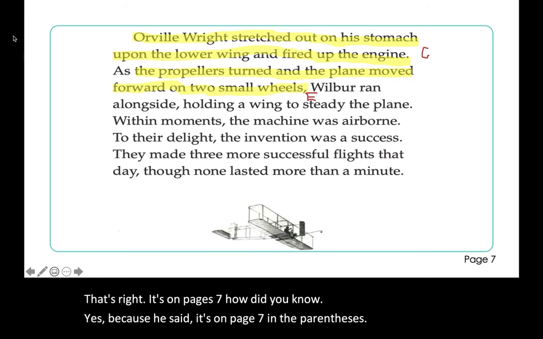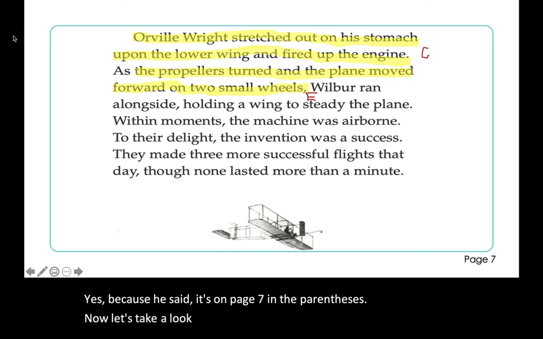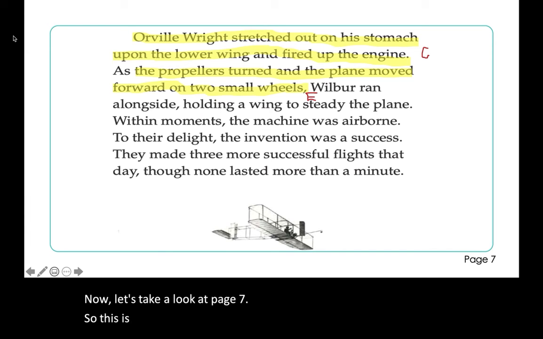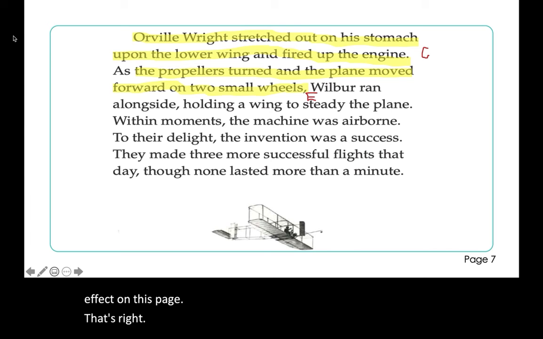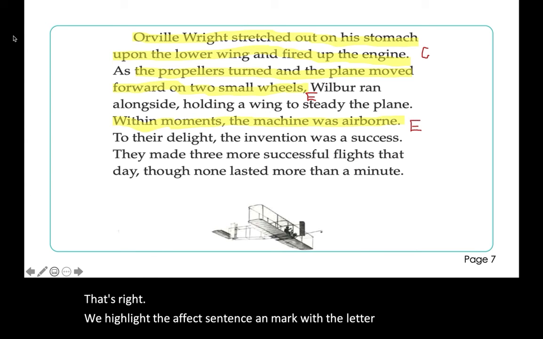Now, let's take a look at page 7. So this is the same page we worked on. So what do you have to do first since we know what the effect is on this page? That's right. We highlight the effect sentence and mark it with the letter E.